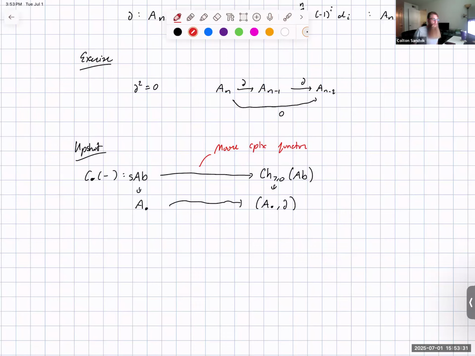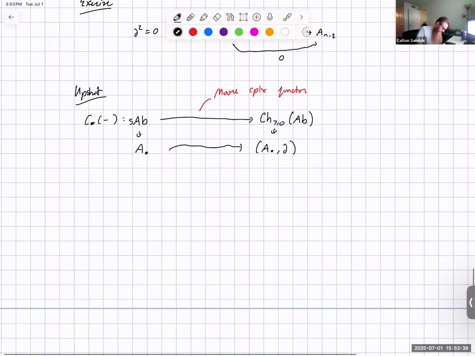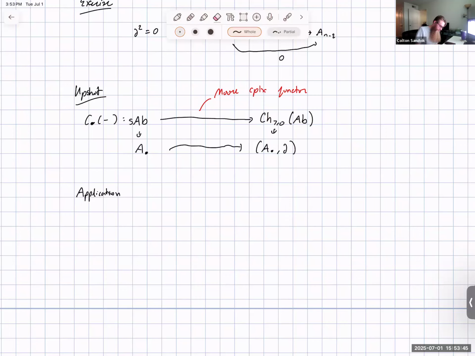Okay. So what's nice about this? Why is this something we're looking at? Well, here's a really quick application of this: now we have the tools to define what simplicial homology is.